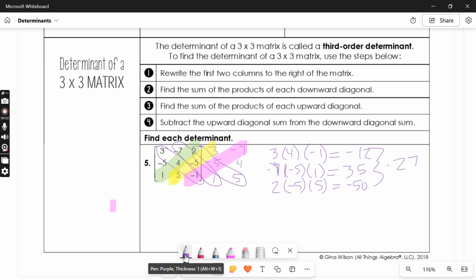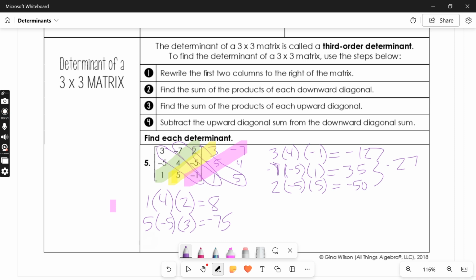So I'm going to have 1 times 4 times 2, which is 8. 5 times negative 5 times 3, which is negative 75.